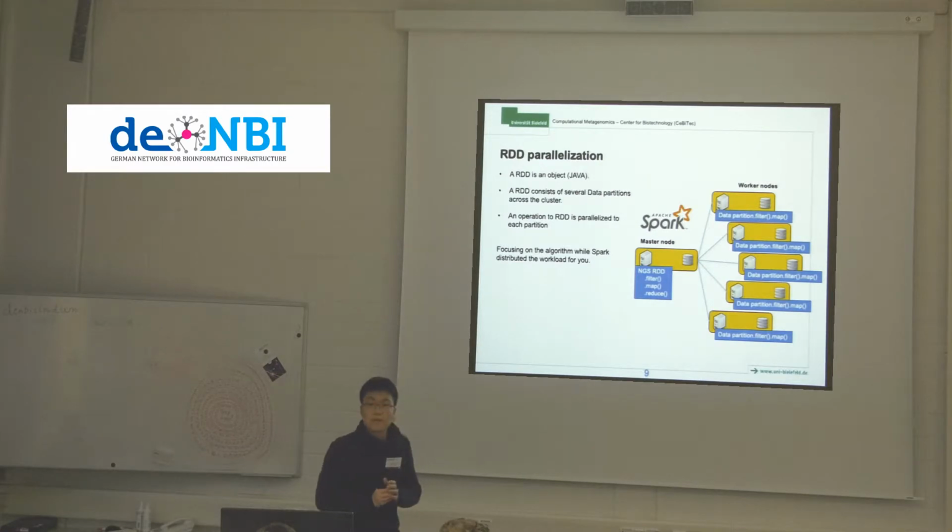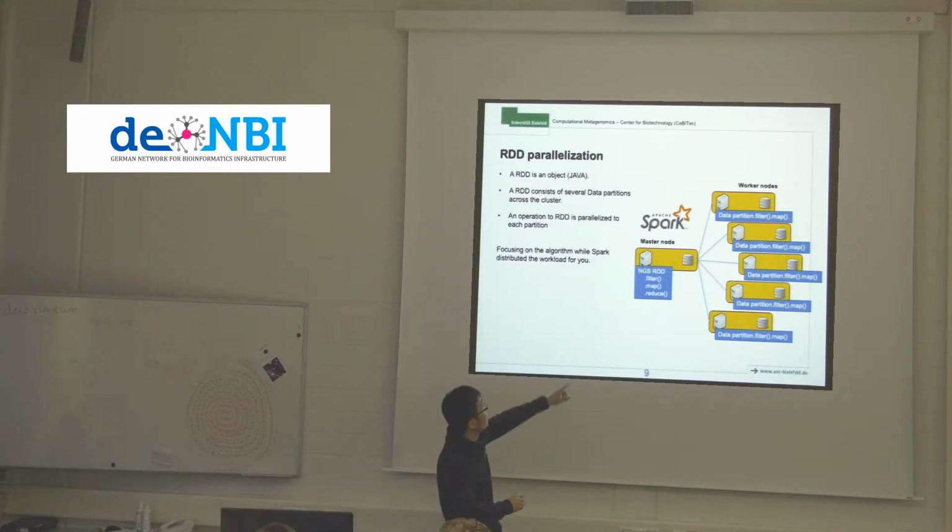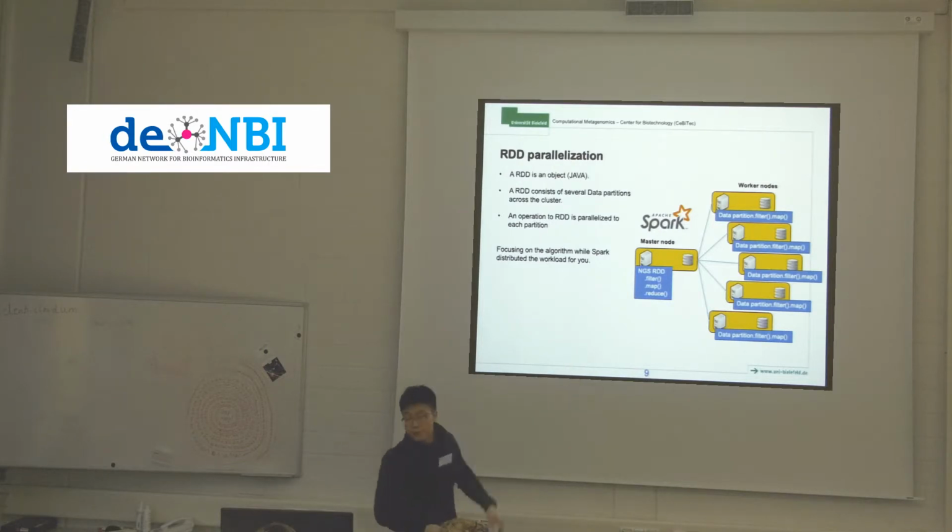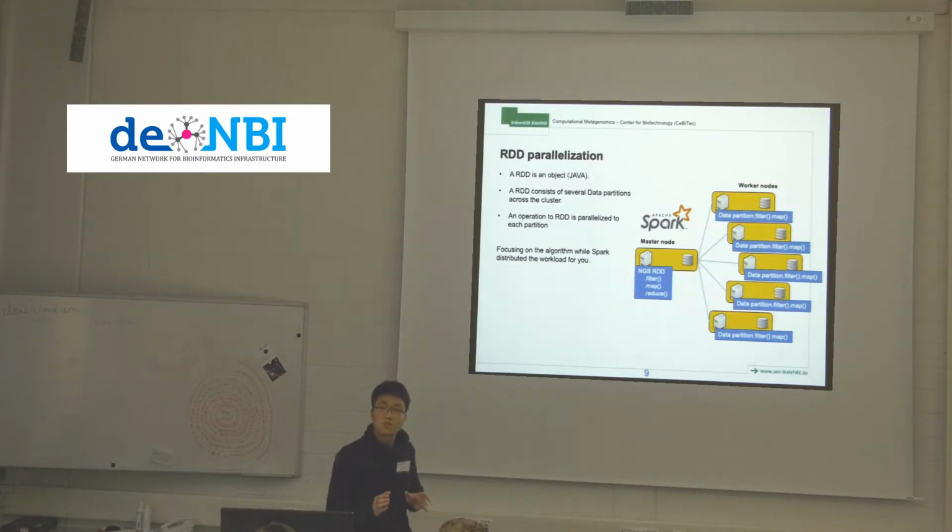What RDD does is automatically distribute your data to all the worker nodes. And all you have to focus on is implementing your own methods based on the RDD interface. For instance, here you can program your own filter or map functions, and this method will be automatically parallelized to all the partitions, the parts of the data in the worker nodes, so that the distributed implementation becomes easier.